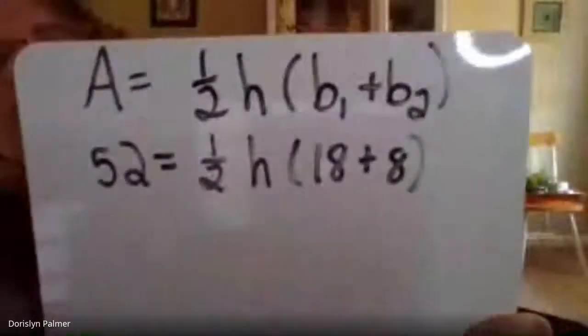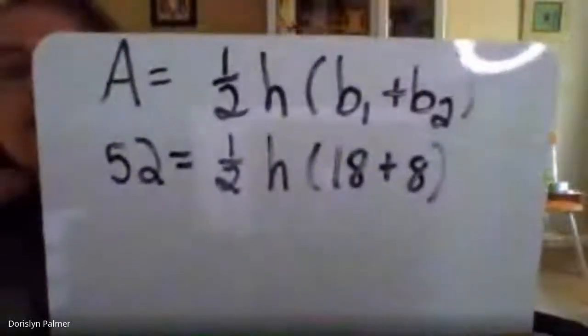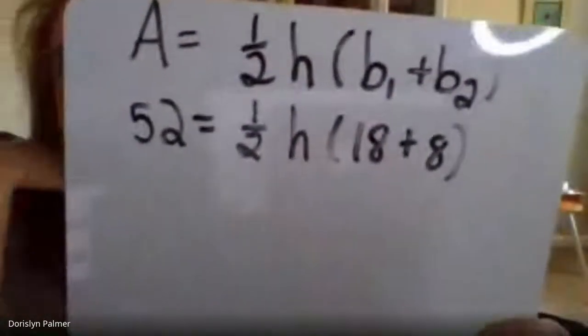So now you have a formula that looks like 52 equals 1/2 times H times 18 plus 8. All right. We're going to add together 18 plus 8. We get 26.